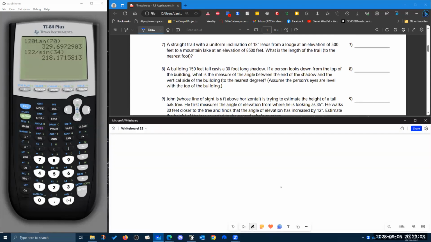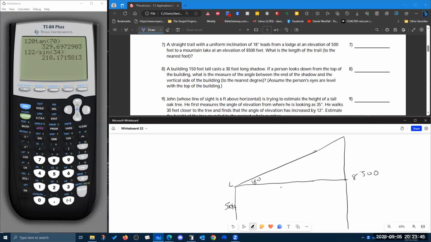A straight trail with a uniform inclination of 18 degrees leads from a lodge at an elevation of 500 feet. So here's the lodge at 500 feet above sea level to a mountain lake at an elevation of 8,500 feet.